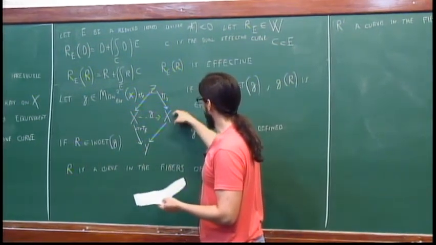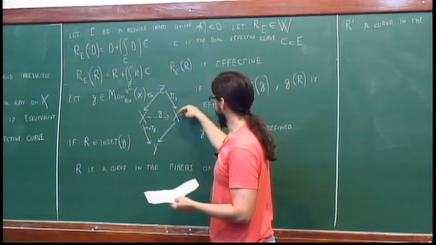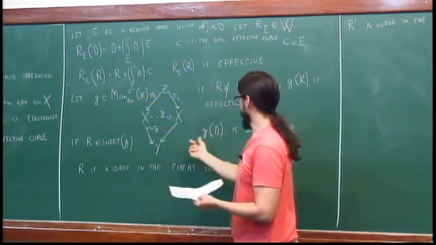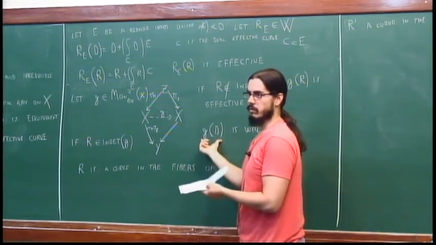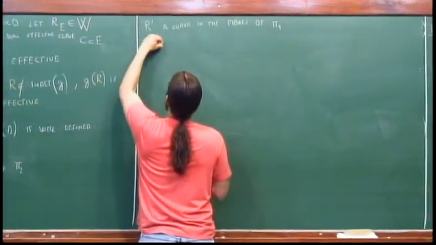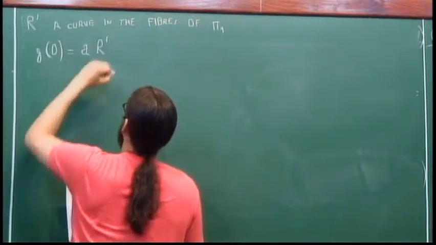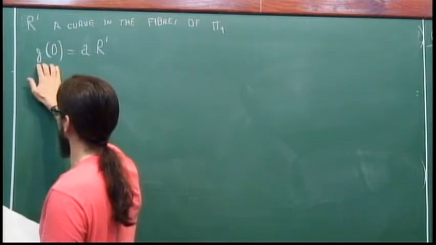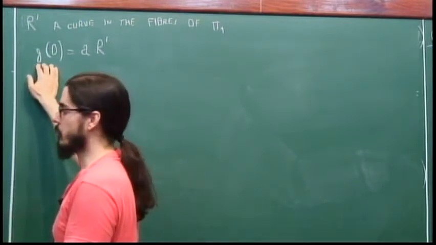So here we are contracting R prime, and what happens is that also R prime must be a multiple of G of D. We don't know if it is positive or negative. So G of D is some multiple of R prime. And we extend the map G to the rational H2.